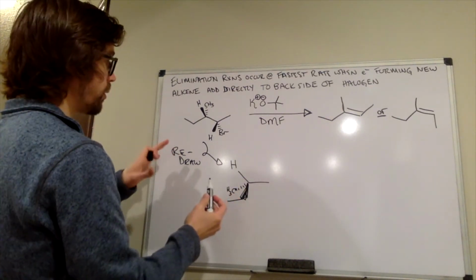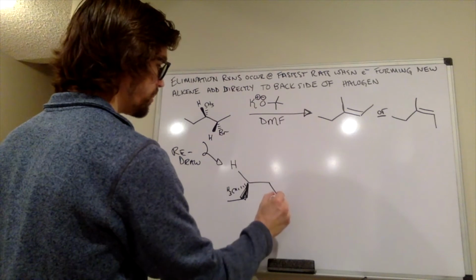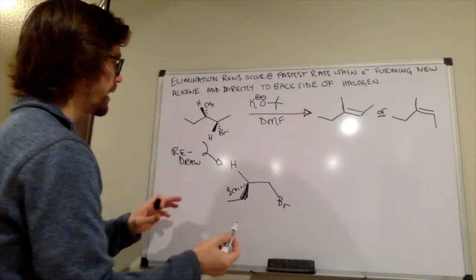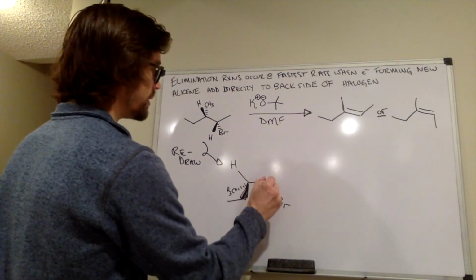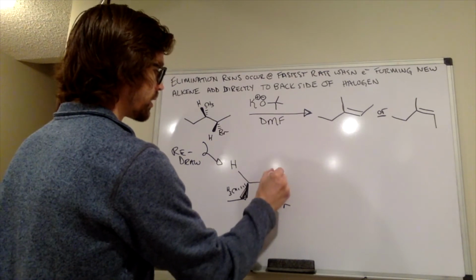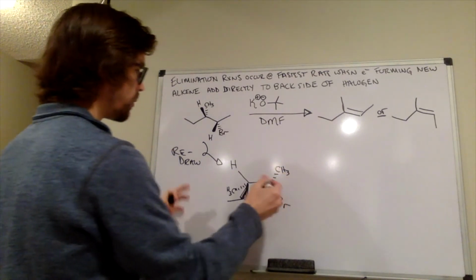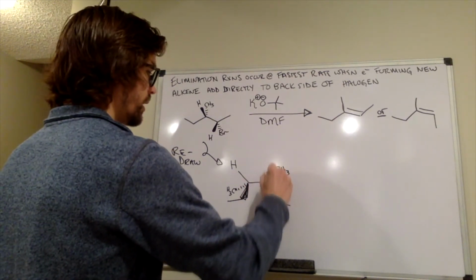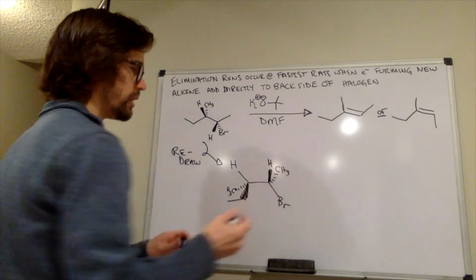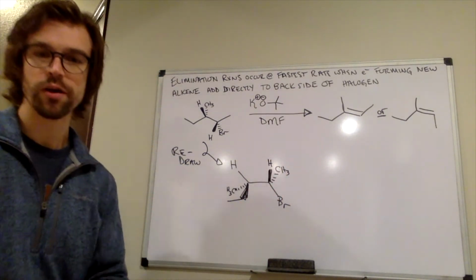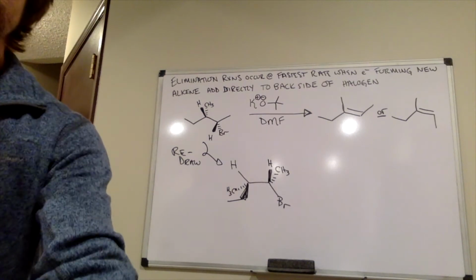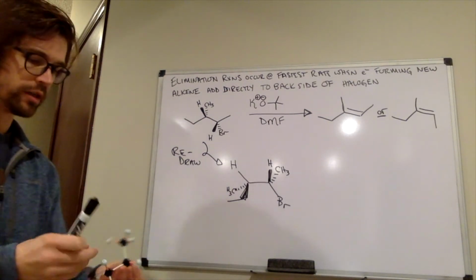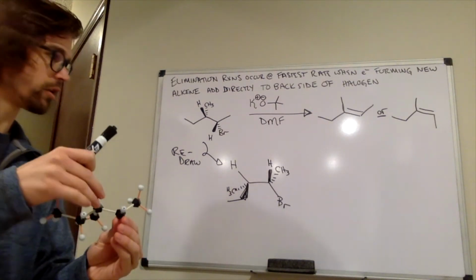We rotated the whole thing, so that also put the carbon-bromine into the plane. And when that happened, the CH3 bond went back, and this H is wedged now. So all we did was rotate the molecule.